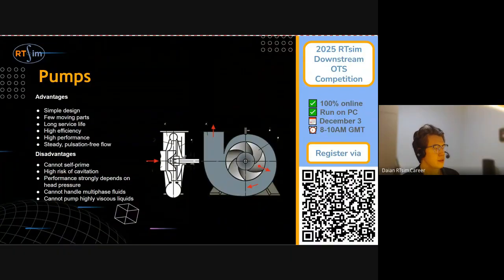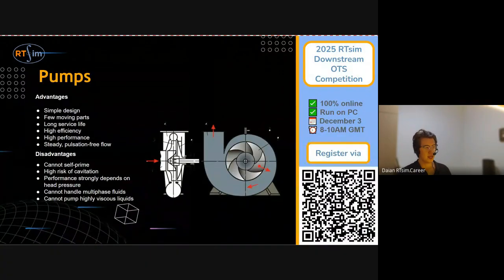So centrifugal pumps have advantages: a simple design with few moving parts, long service life, high efficiency, high performance, and steady, pulsation-free flow. But there are disadvantages. We cannot self-prime. There is a high risk of cavitation.